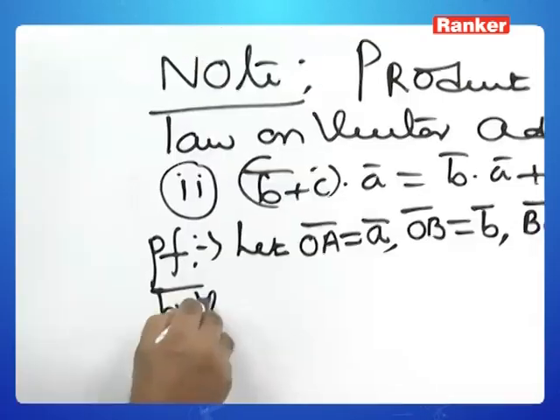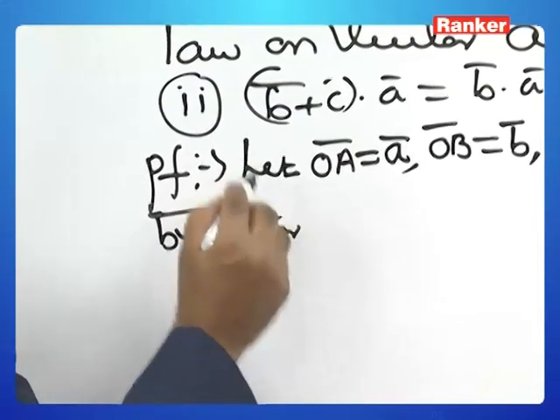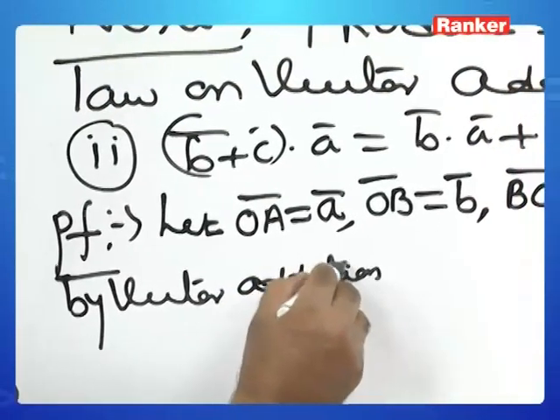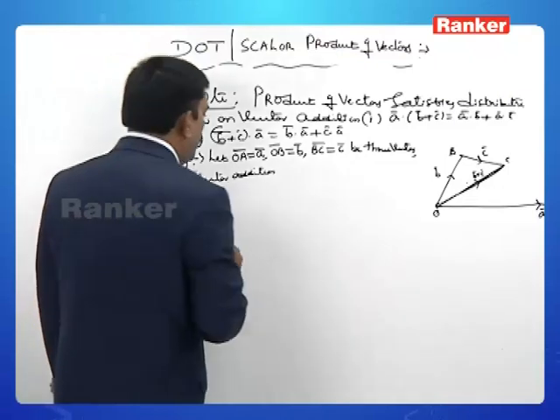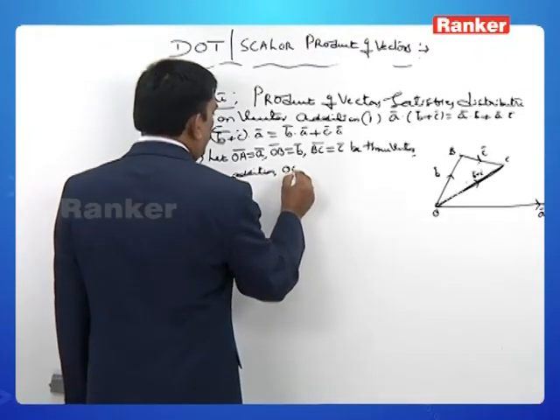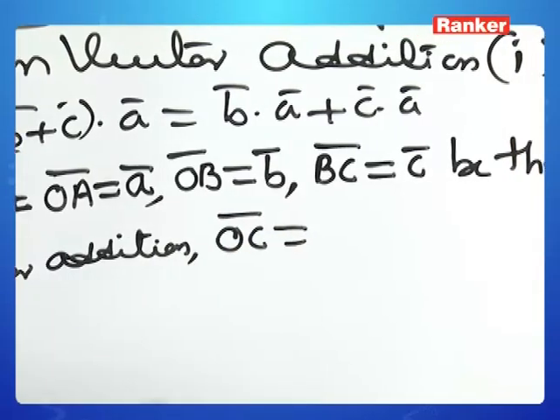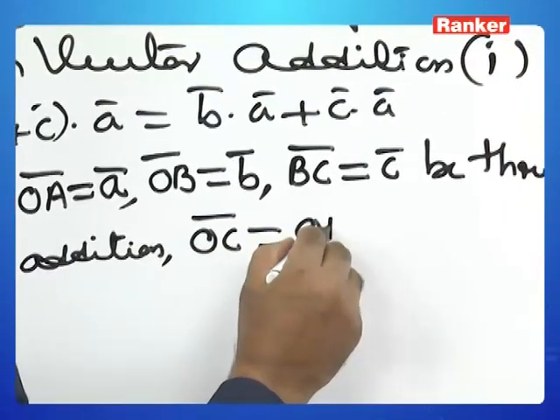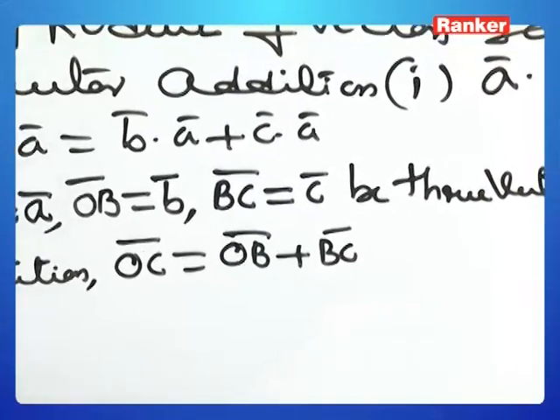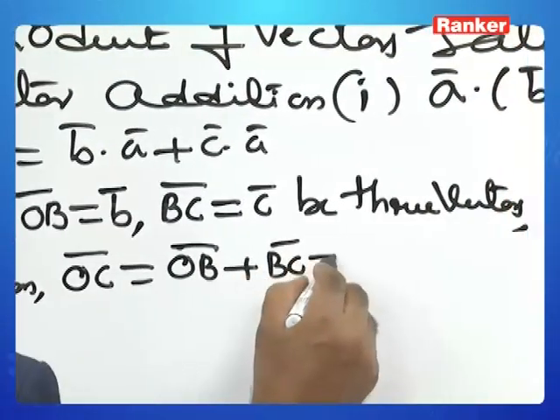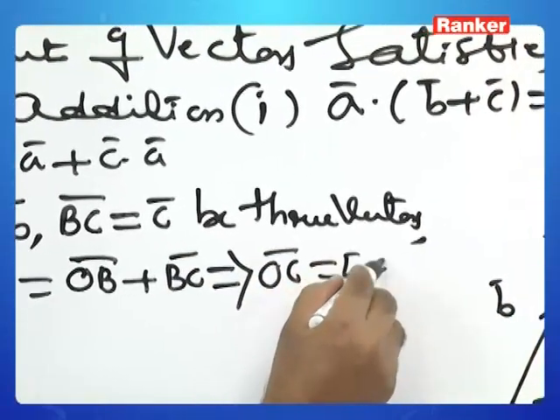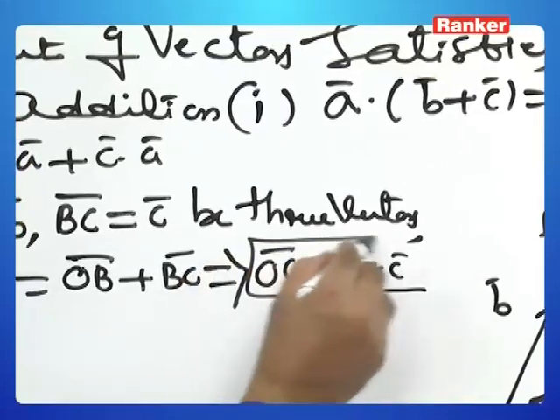By vector addition, OC bar is equal to OB bar plus BC bar, so OC bar is equal to B bar plus C bar.